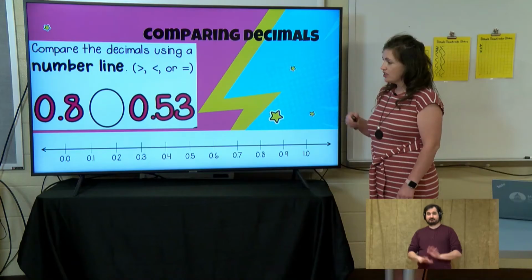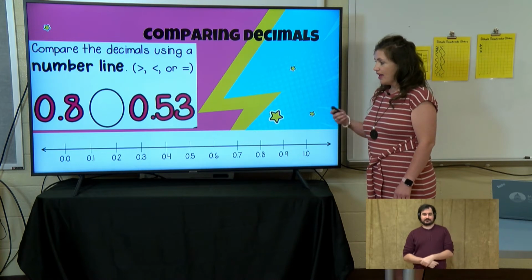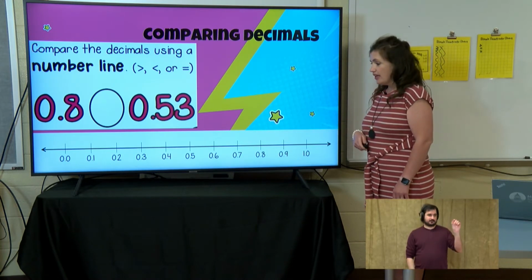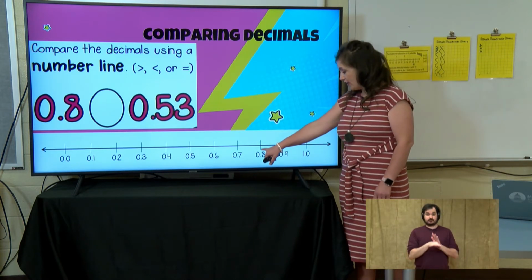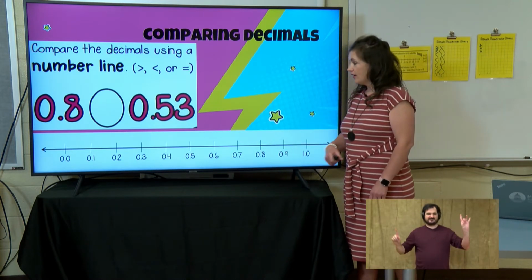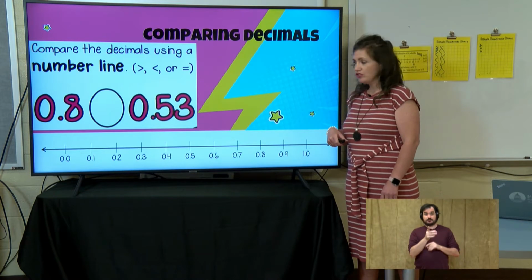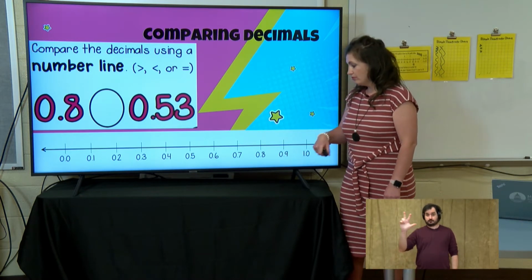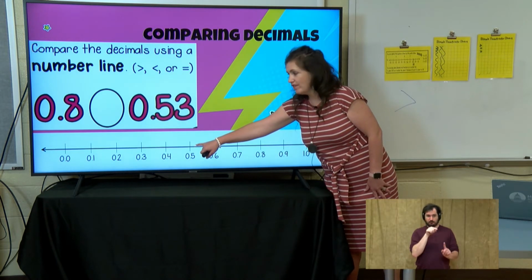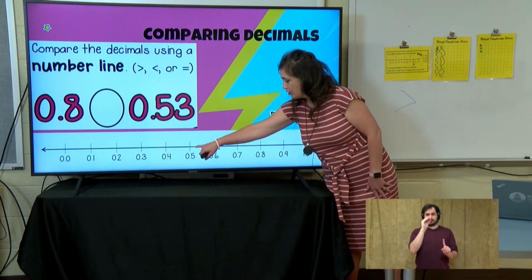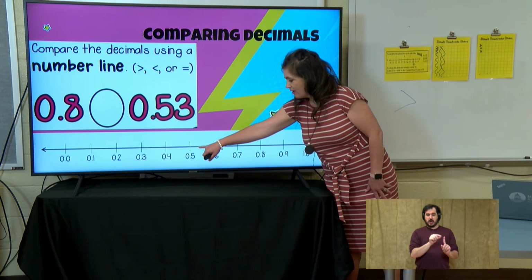All right, let's look at 8 tenths and 53 hundredths. Can you find 8 tenths on the number line? Right here. All right, can you find 53 hundredths on the number line? Well, I know that I have 5 tenths right here. So if I wanted to go to 53 hundredths, I would go 1, 2, 3 little jumps. It would be about right here.